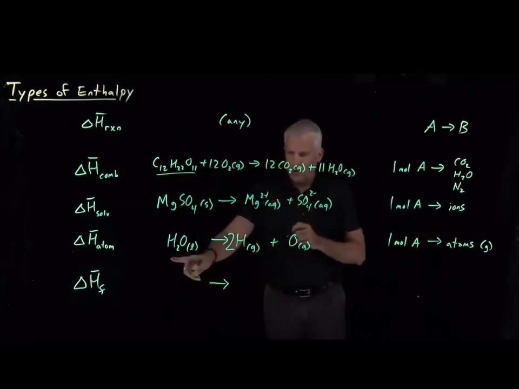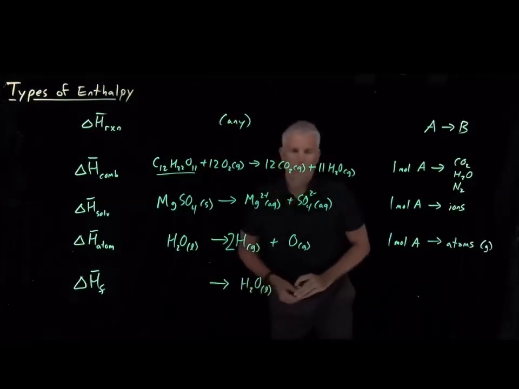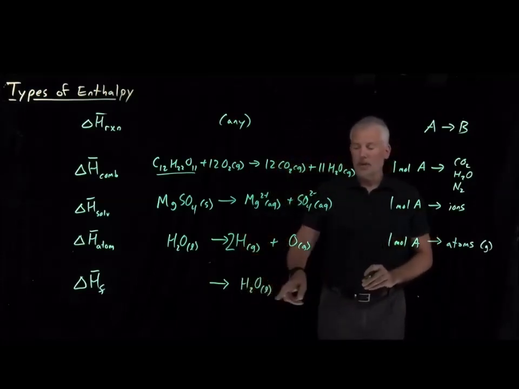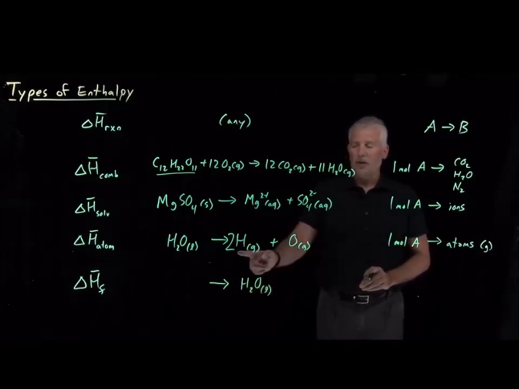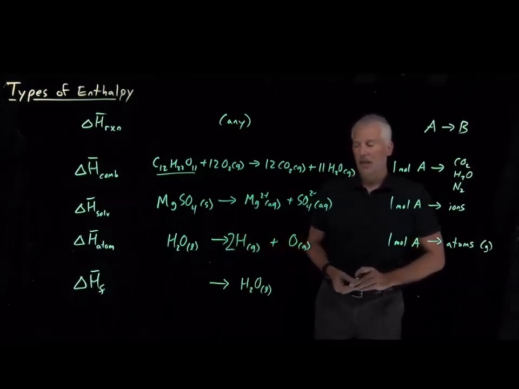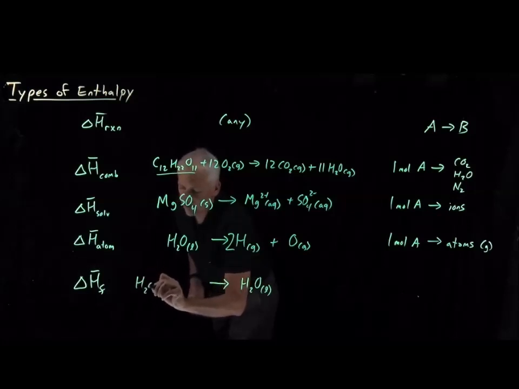Let's say again, if we're talking about water, the compound we're interested in, we're going to form water, and what we form it out of, rather than forming it out of atoms, that would just be the reverse of this atomization reaction. What we form it out of is pure elements, but elements in their standard states.